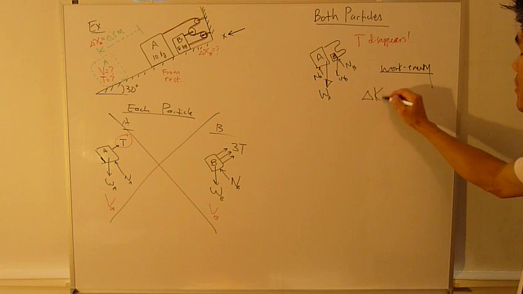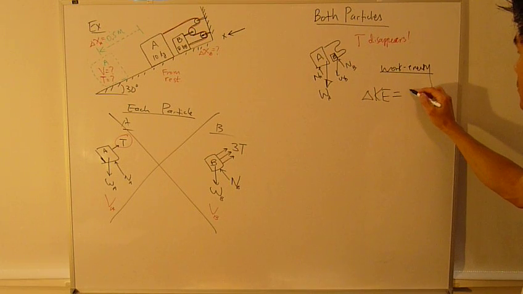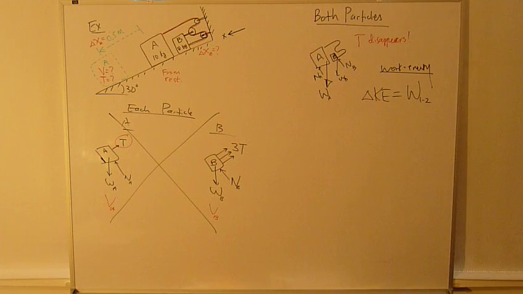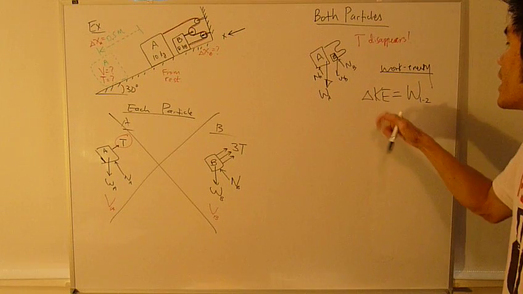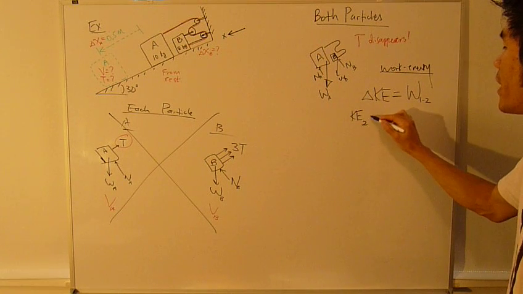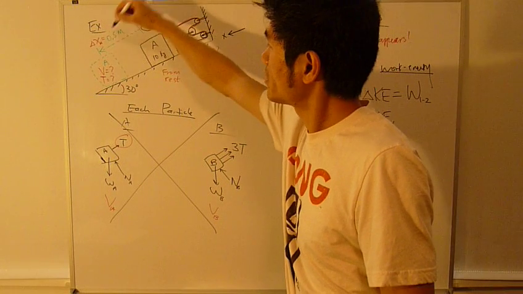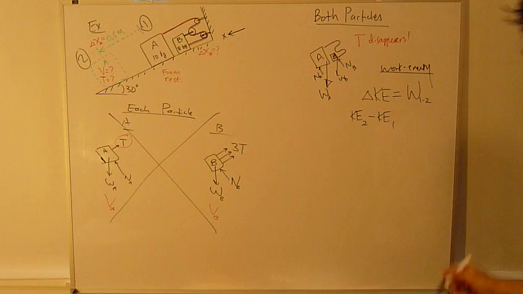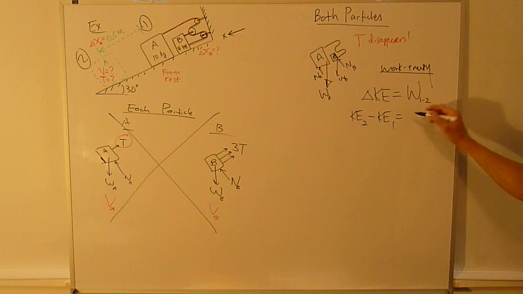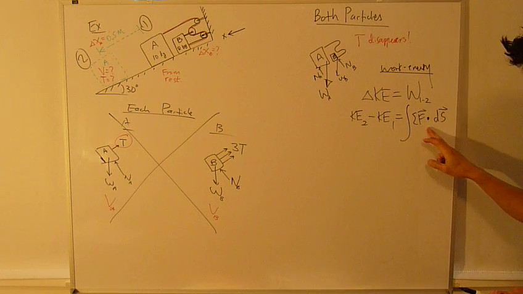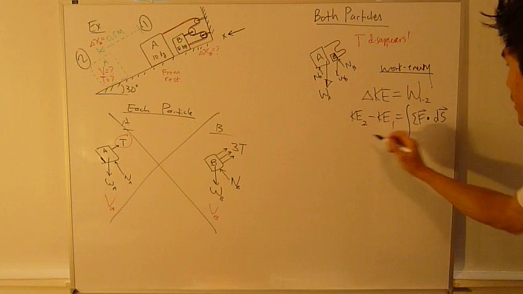So now let's apply the work-energy equation. Change in kinetic energy equals work going from position 1 to position 2. Change in kinetic energy is KE final minus KE initial, so this is the initial position and this is the final position, equals work, which is force vector dotted with dr vector. Now the left-hand side, let's expand it.